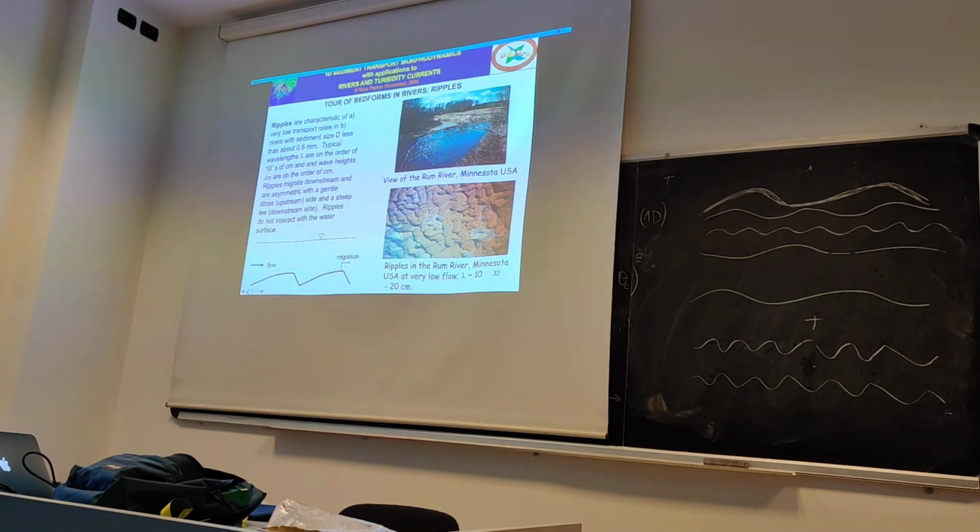So anti-dunes, which we will describe in a moment, are bedforms that migrate upstream, but that you observe at much higher values of the shear stress. So at lower values of the shear stress, which means low Froude number, all the bedforms are migrating downstream, both dunes and ripples.